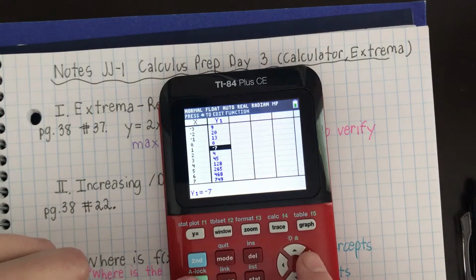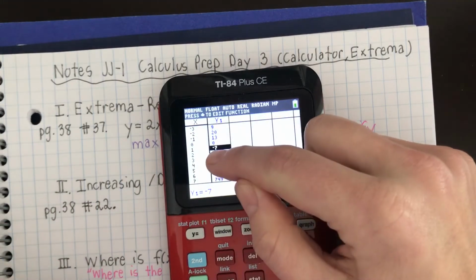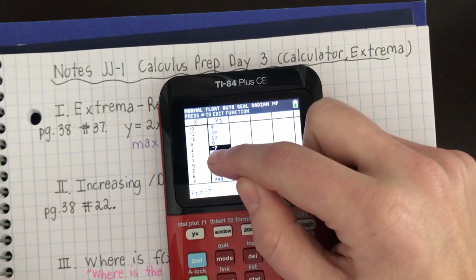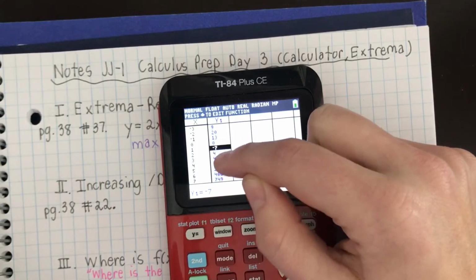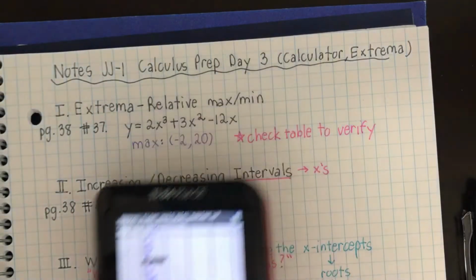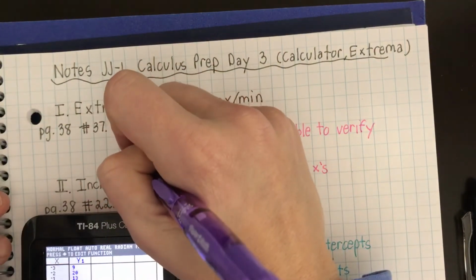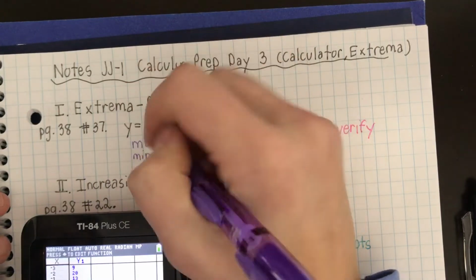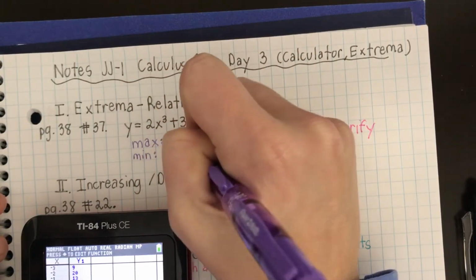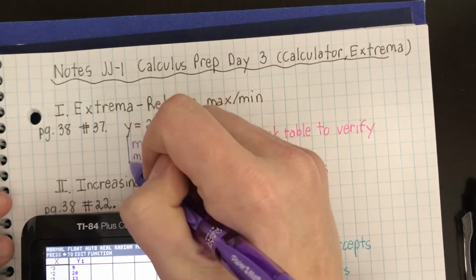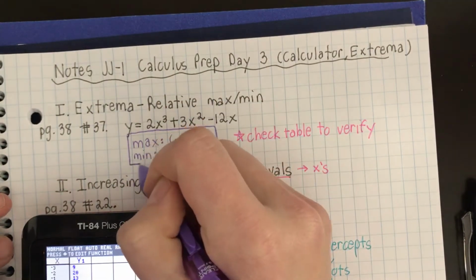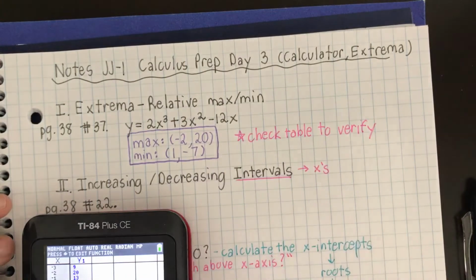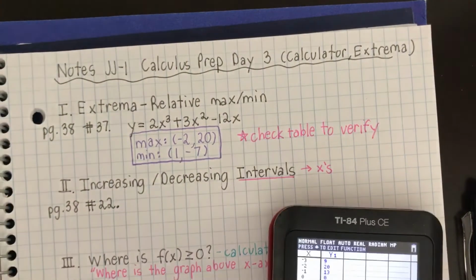So 1, negative 7, and again you'll notice the y values around this y value of negative 7 are both increasing. They're both higher. Okay, so our relative min would be 1, negative 7. So I'll box this answer. So that's extrema, or in other words, both relative max and min on a graph.